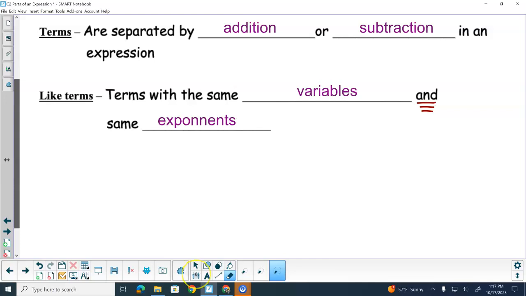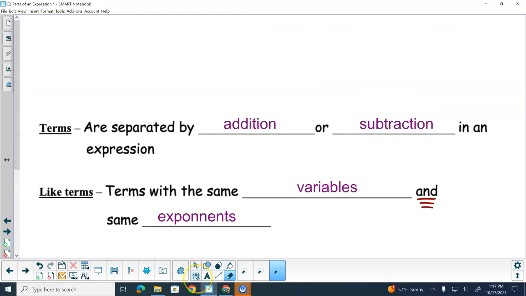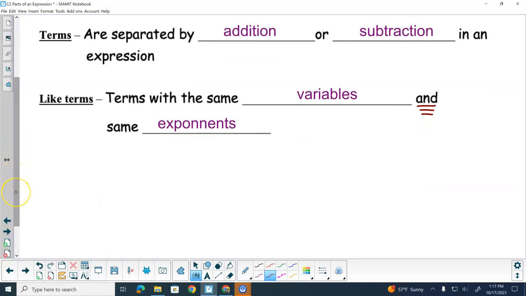What I mean by that is, I'm jumping around here. Okay. So if we had an expression like 3x squared plus 7x, those are not like terms. Yes, they are the same variable, x, but they are not both the same exponent.